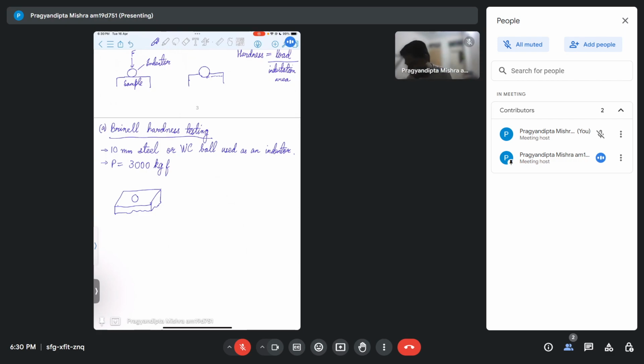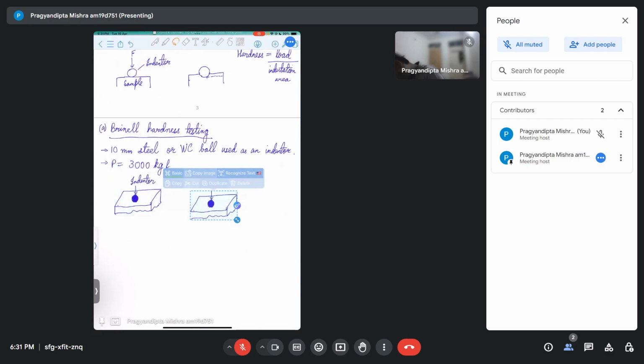I press it down, and then when I remove it, you'll get something like this, some impression on the surface like this.